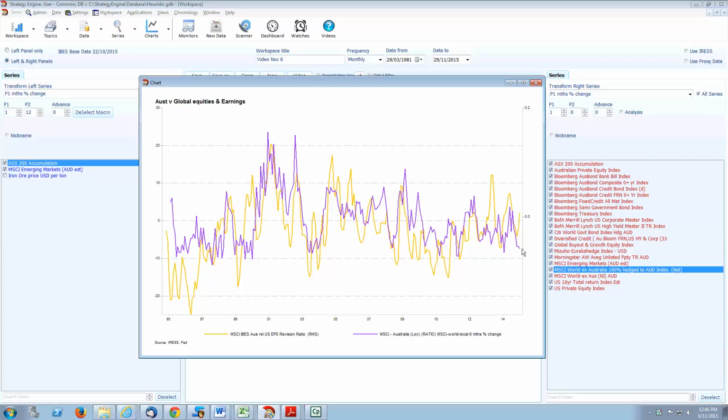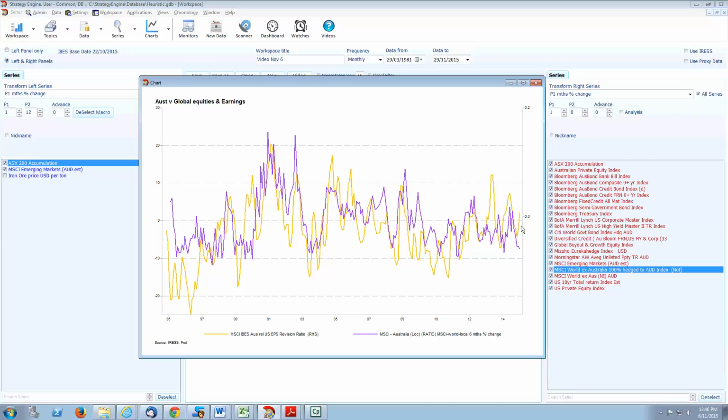And the gold line is the relative earnings revisions of Australia versus global, and US equities in particular. So you can see that broadly, although the earnings revision number is certainly volatile, the relative performance of the two regions pretty much reflects what's happening on the earnings side, although we have had periods where earnings were being upgraded here in Australia, yet the market did quite poorly.